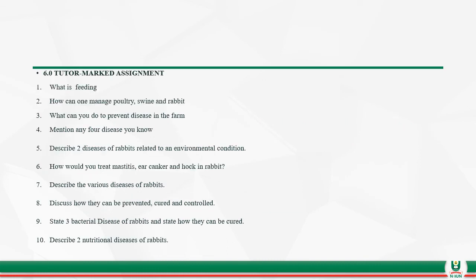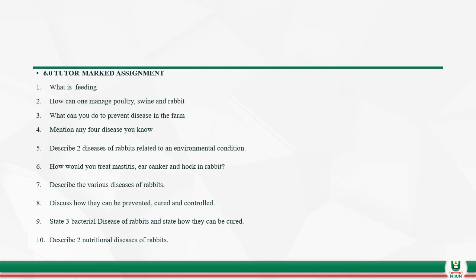By way of tutor-marked assignment, you should be able to define what is feeding and then control of mange in poultry, swine, and rabbit. How can you prevent disease in the farm? Mention any 4 diseases you know, whether of poultry, rabbit, or pigs. Describe 2 diseases of rabbit related to an environmental condition.